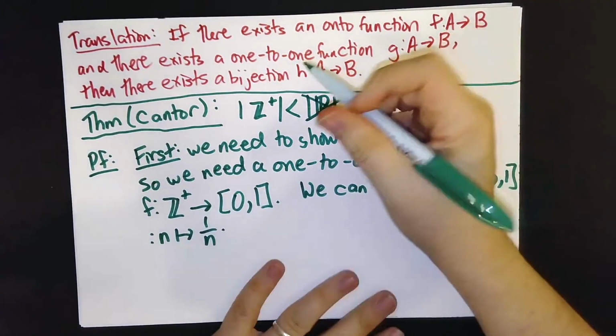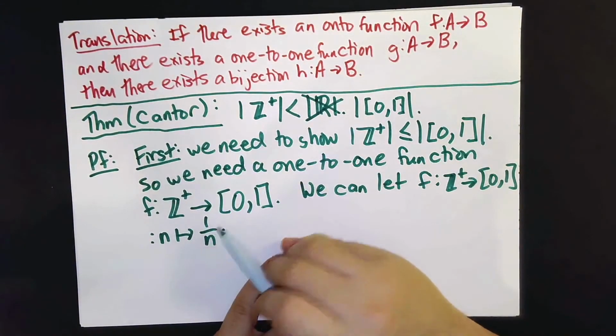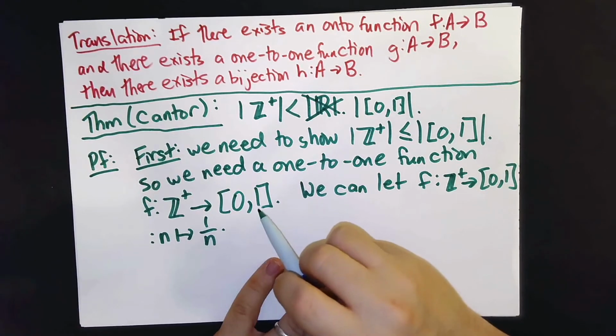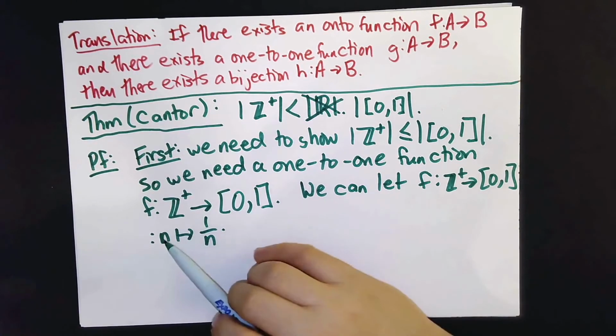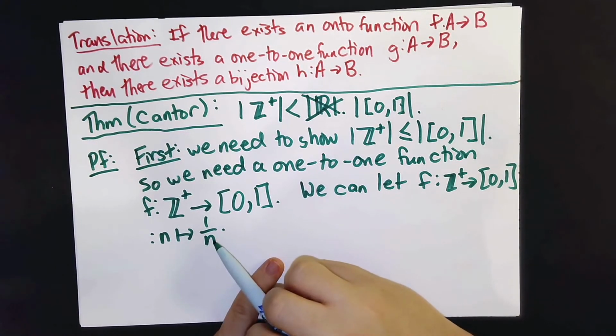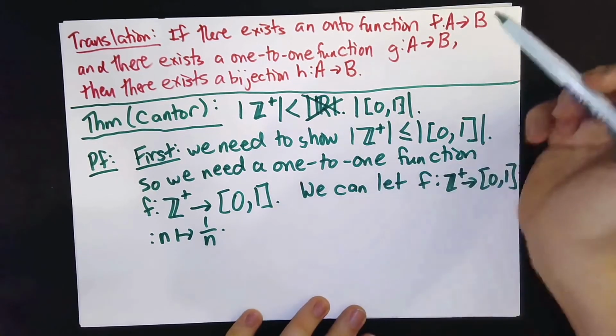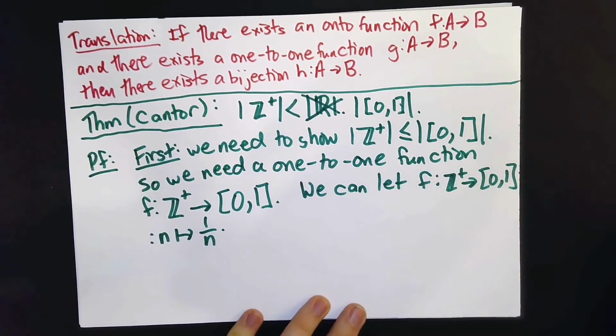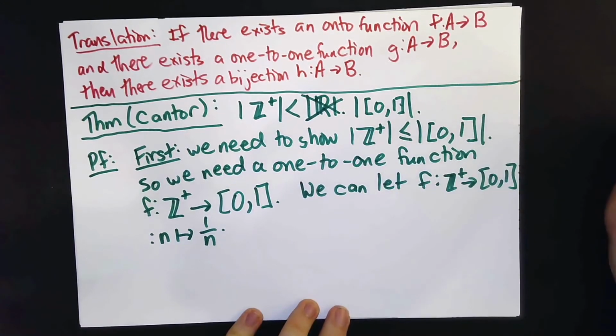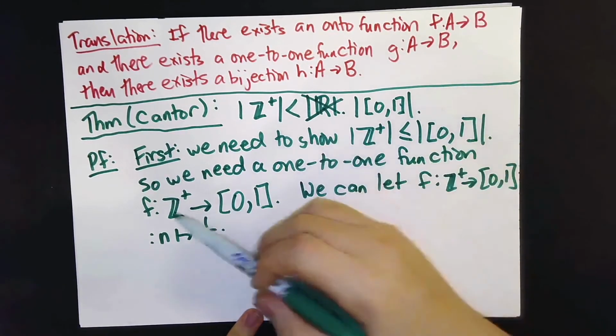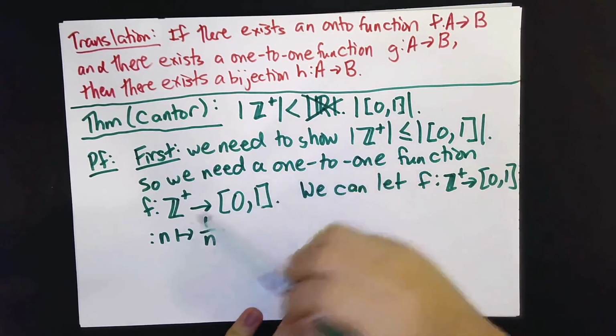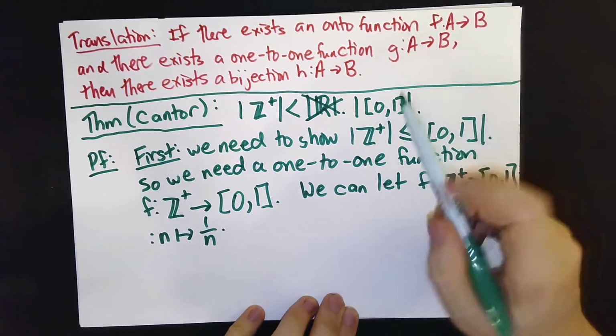So for every positive integer, 1 over n is definitely between 0 and 1, inclusive, and every n definitely goes to a different number between 0 and 1. And so this function is one-to-one. That shows us that in our language, the size of the positive integers is less than or equal to the size of the closed interval 0, 1.